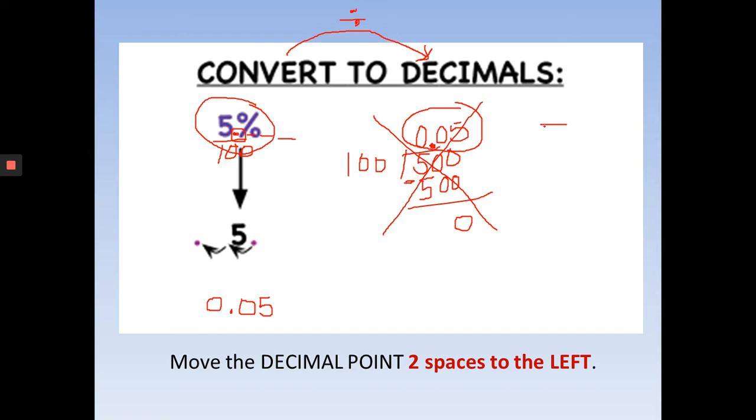So all of these percentages over here, 50%, 90%, 17%, or whatever percentage, there is a hidden decimal point after the whole number. Not just in percentage, but in all whole numbers, they have decimal points hidden.